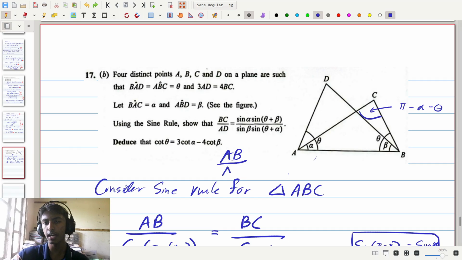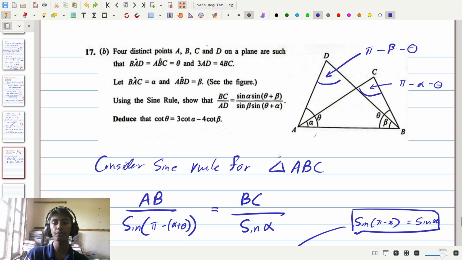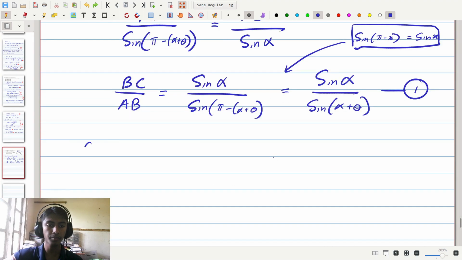Now if we consider what we have, for this triangle, we have an opposite side of AD, with its opposite angle, which is known to be beta, and we have the side AB, which is the common side, with its opposite angle here, which once again by a similar method we can find is equal to pi minus beta minus theta, since the other two angles in this triangle are theta and beta. So we have theta here, beta here, which means the remaining angle must be taking up pi minus beta minus theta radians.